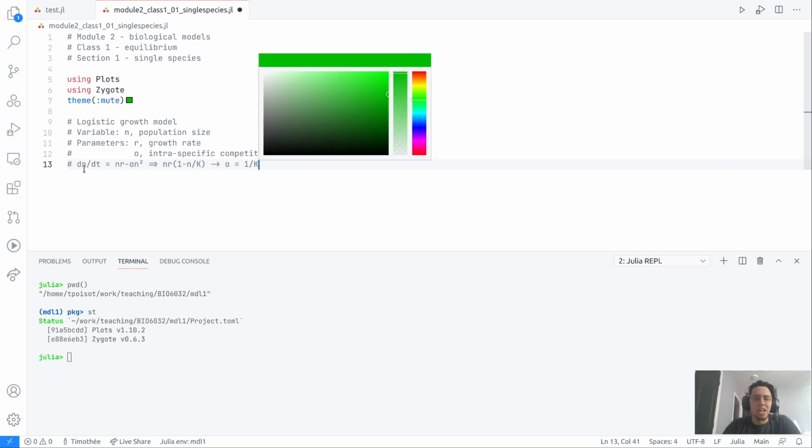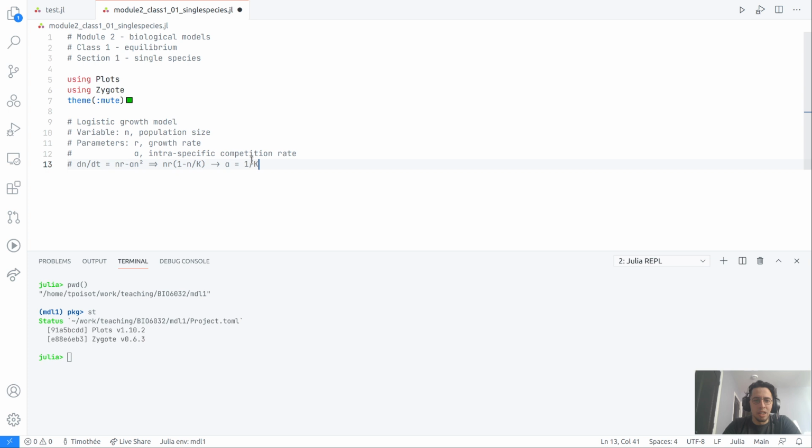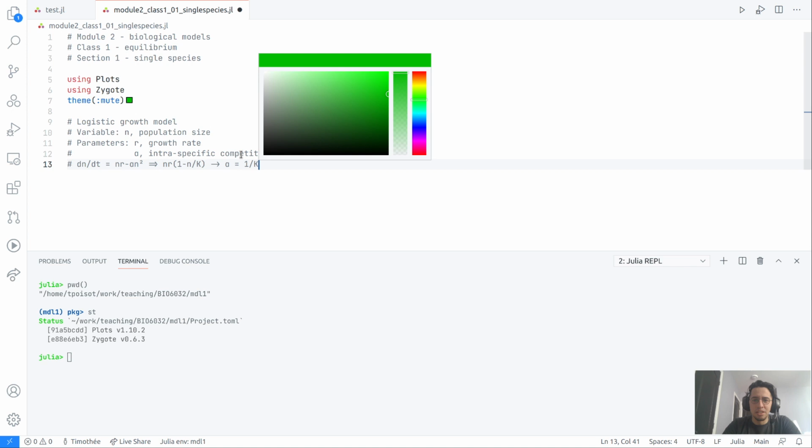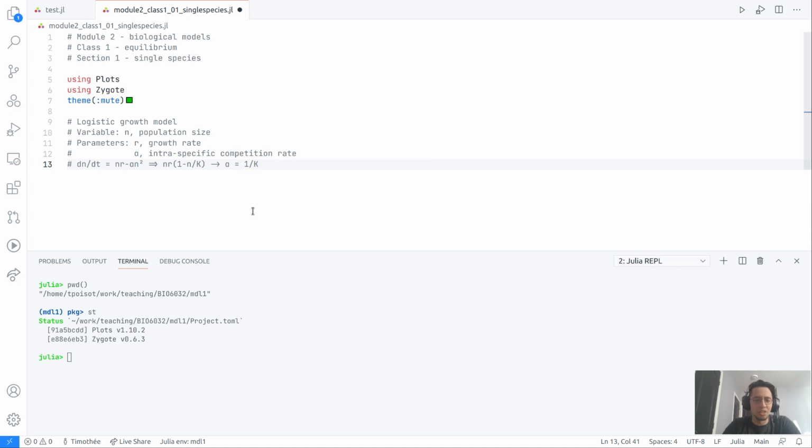I have no idea why my text editor insists on this equation being green. That is apparently the official color of the logistic model for now. I'm fine with that. So when you have a very small change in t, you will see a very small change in n, whose value is nr minus alpha n squared.